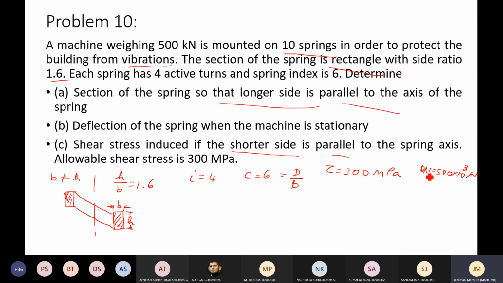Each and every entry you make in the formula, you have to be very specific. Remember that we have 10 springs, this is N, which is 10 springs. So determine the section of the spring, that is what it is asking you. It is actually asking you what is H and what is B, the section of the spring.